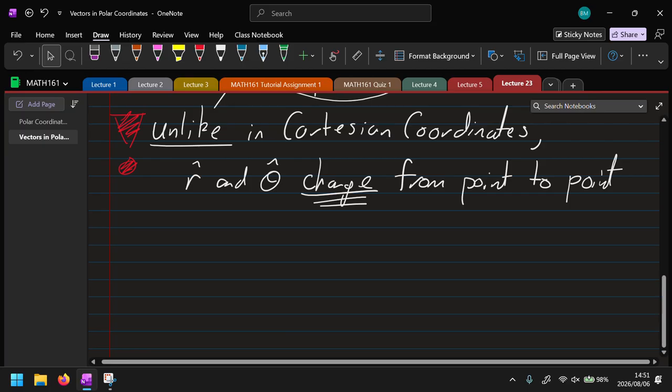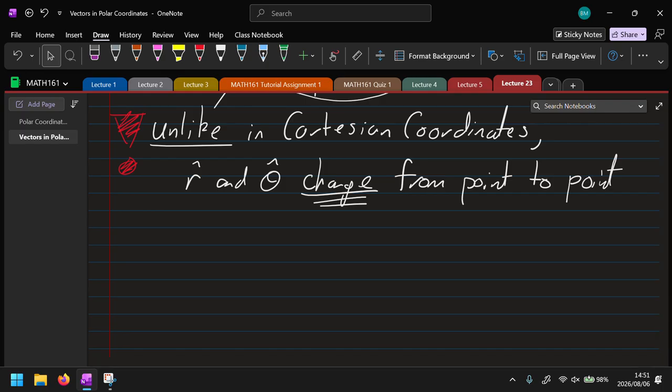Okay, so the main thing for today, we're going to do this as a physics application. We're going to find the position vector, the velocity vector, and the acceleration vector in polar coordinates. You know what they look like in Cartesian. We're going to now convert.